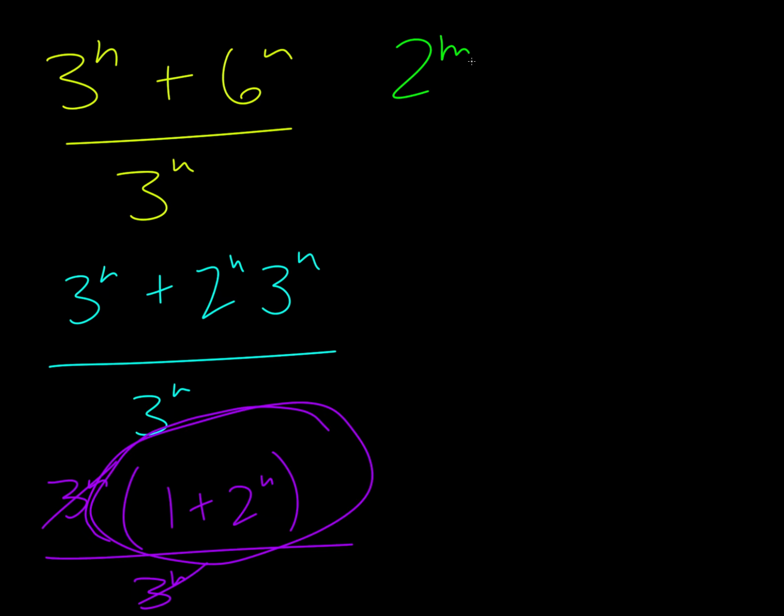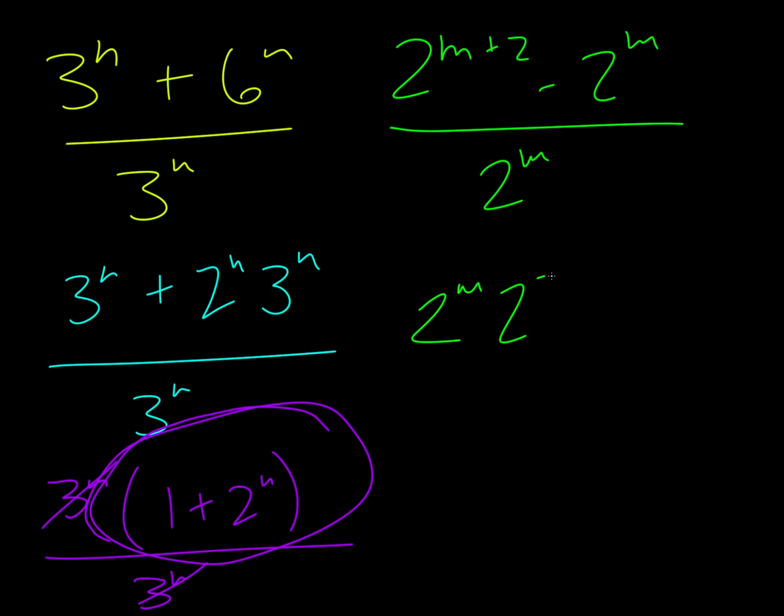Okay, 2 to the m plus 2 minus 2 to the m over 2 to the m. When we're doing this, we have to go backwards through our multiplication rules. And so we have 2 to the m, 2 to the 2, minus 2 to the m over 2 to the m.